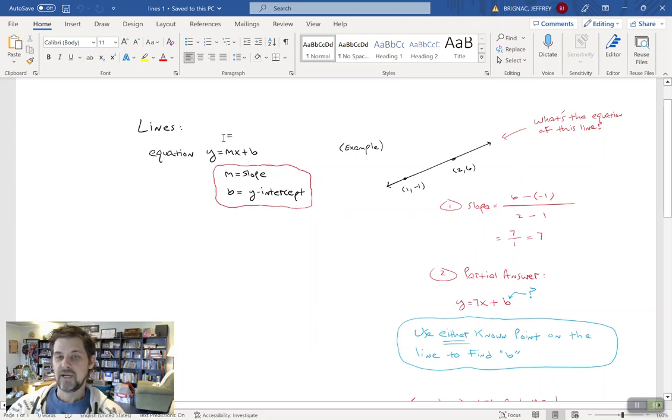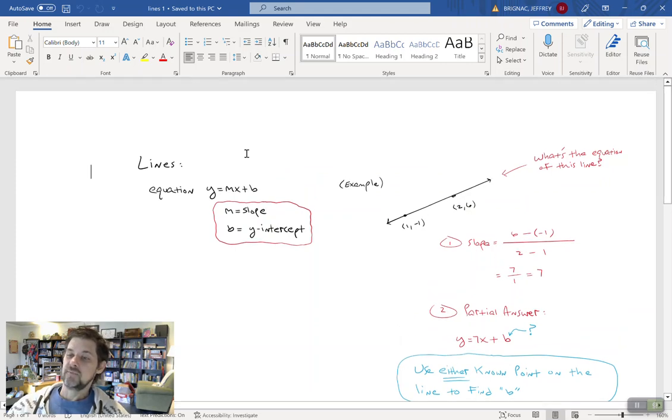Well, first of all, I know that's what the equation looks like. I know that the form the answer takes is y equals mx plus b, because that's the way that the equation of a line is going to look. Okay? But I start by doing this. I find the slope. And the way we find the slope is we take the second y coordinate, which is 6, minus the first y coordinate, which is negative 1.